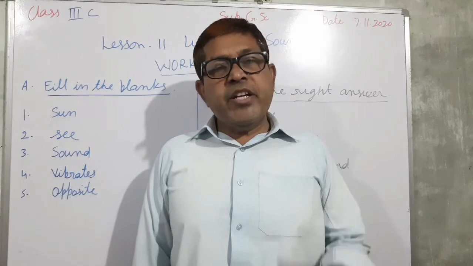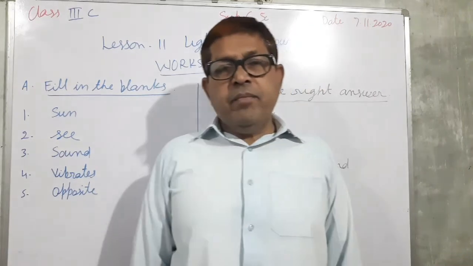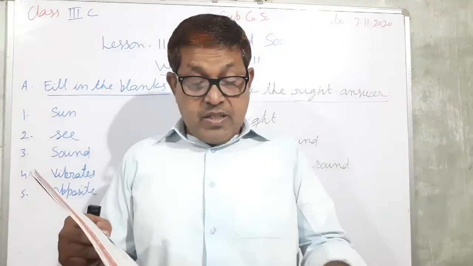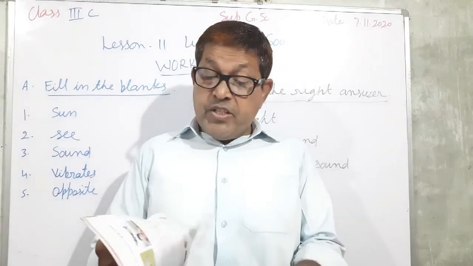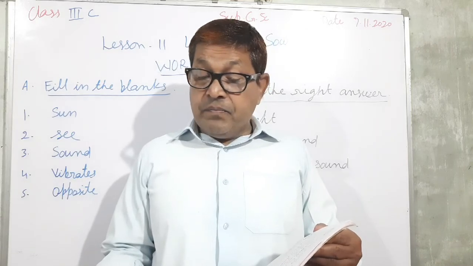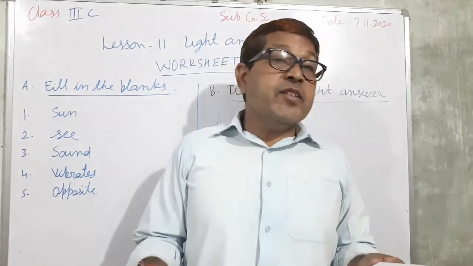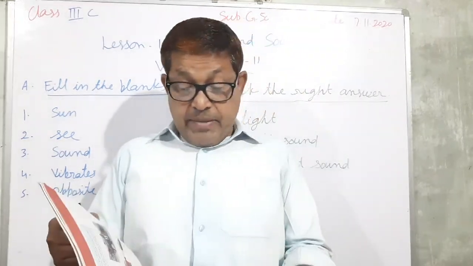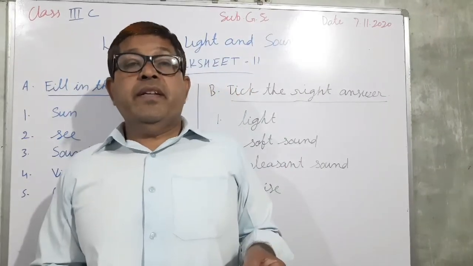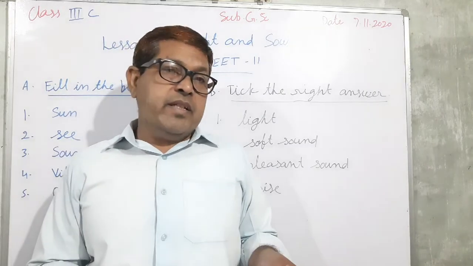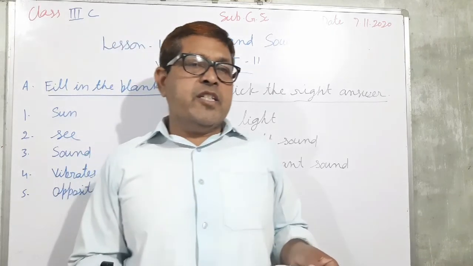Sound is made by the vibration of an object, and examples of some pleasant sounds are the chirping of the birds and many songs, and unpleasant sounds are the horn, sound from the aircraft, sound from the train, sound from the crackers.